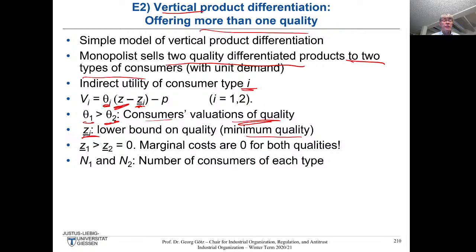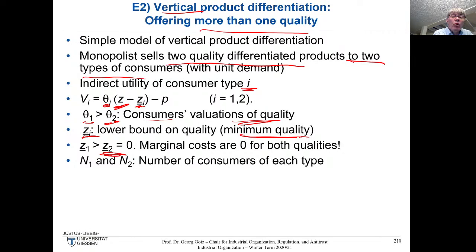And in the example, you will see we just put some numbers here, and it's rather straightforward how to derive what the indirect utility is. Now, what I did here in terms of this assumption is that this minimum quality level can be assumed to be zero for the guy who has a low valuation of quality.